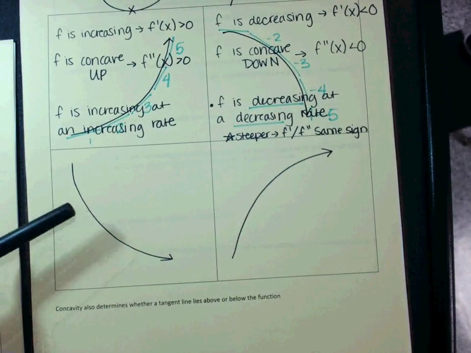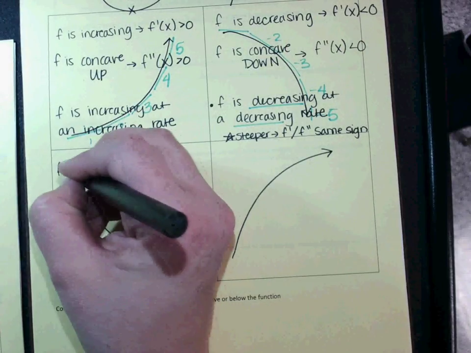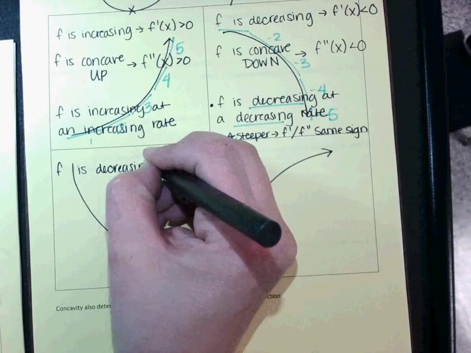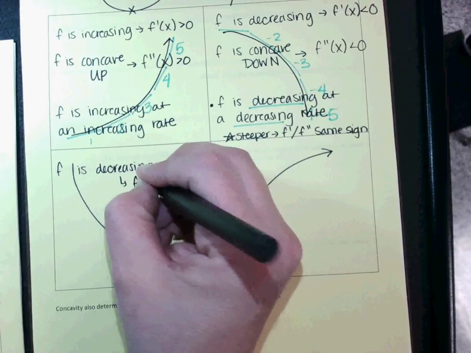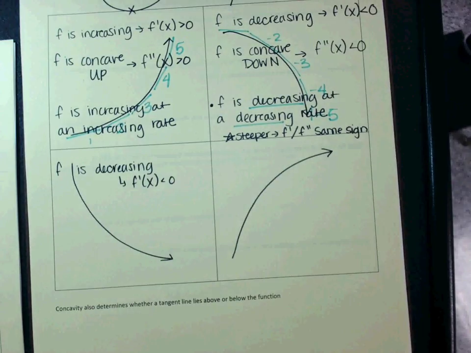All right, let's go down to the bottom two. Let's do this one first. Is f increasing or decreasing? Decreasing. f is decreasing, because it's going downhill. What does that tell us about f prime? Less than 0. But what about your concavity? Is it up like a cup or down like a frown?